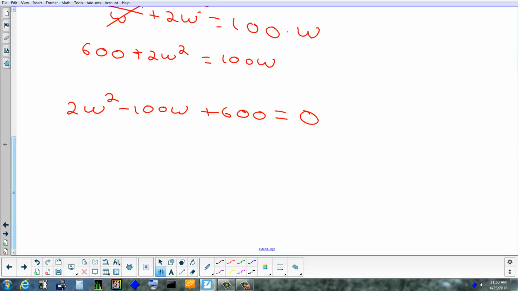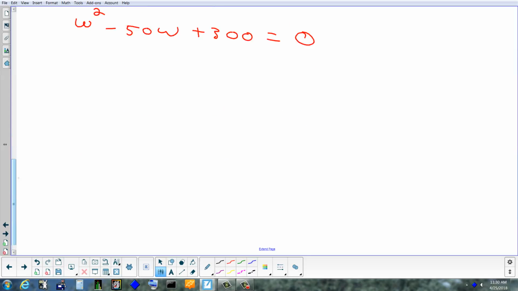Now, this isn't necessary, but if you want to make the numbers smaller, what could you divide everything by? 2. To me, it just makes the numbers a little easier to work with. W squared minus 50W plus 300 equals 0.